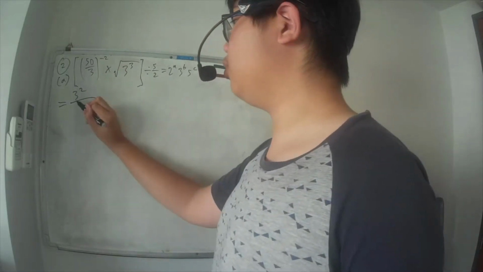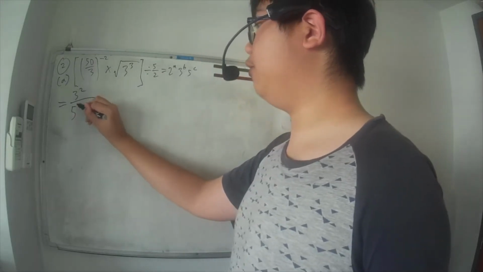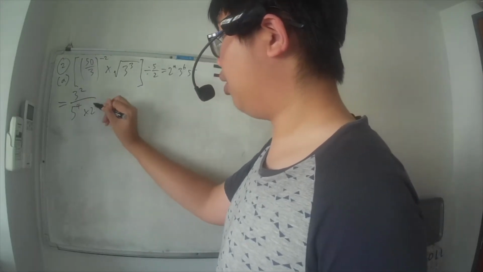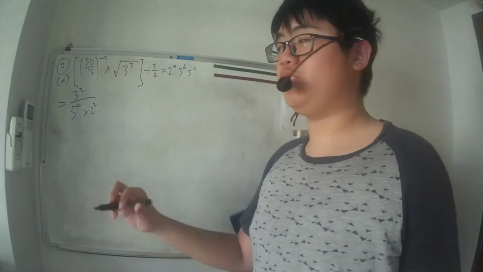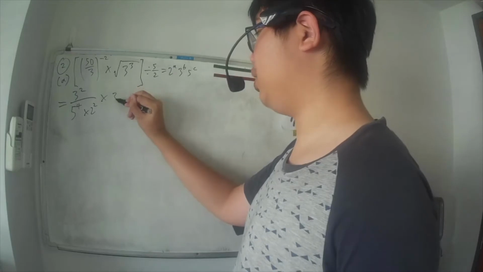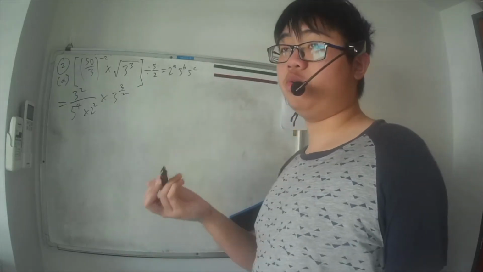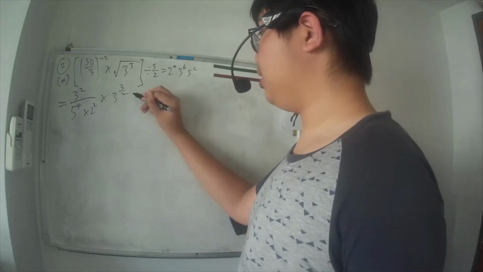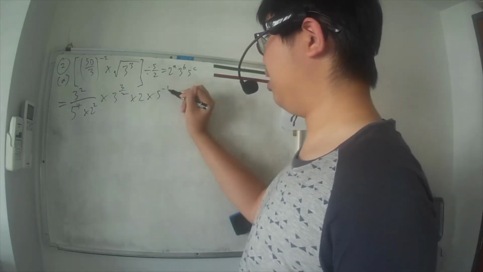So this thing will become 5 to the power of 4 times 2 to the power of 2. Okay, times the square root of something is the equivalent of raised to the half power. So this is times 3 over 2. And then divide by 5 over 2 is the same as times 2 over 5. So this is times 2 times 5 to the minus 1.